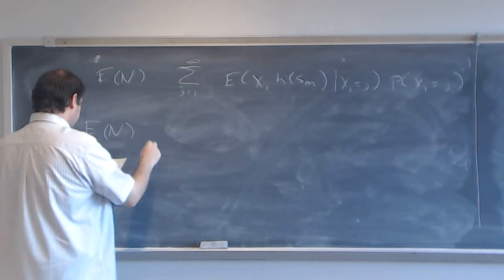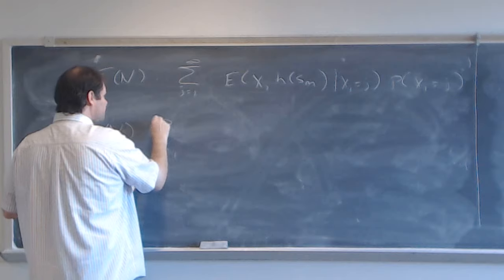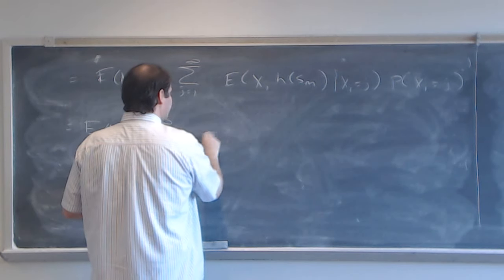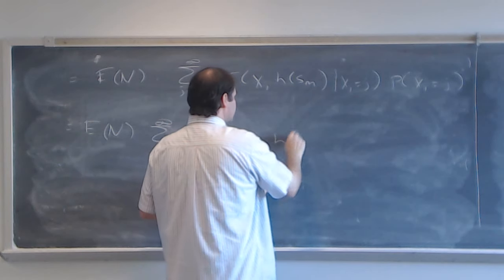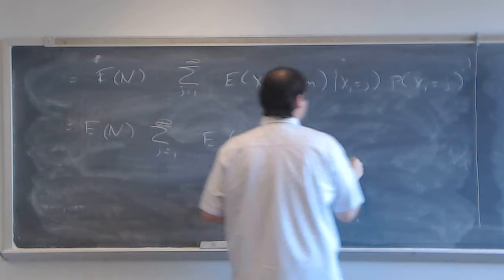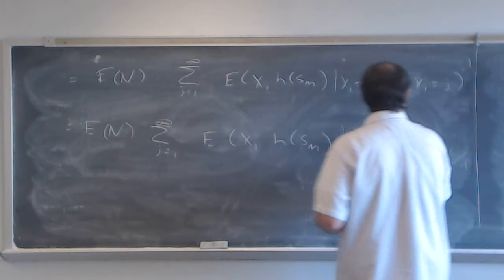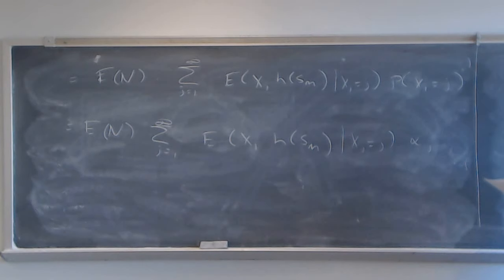And then here, this is the sum over the j's. Here, this is the expected value of x of 1, h of s of m, x of 1 equaling j. This is alpha sub j. And that's what that is.